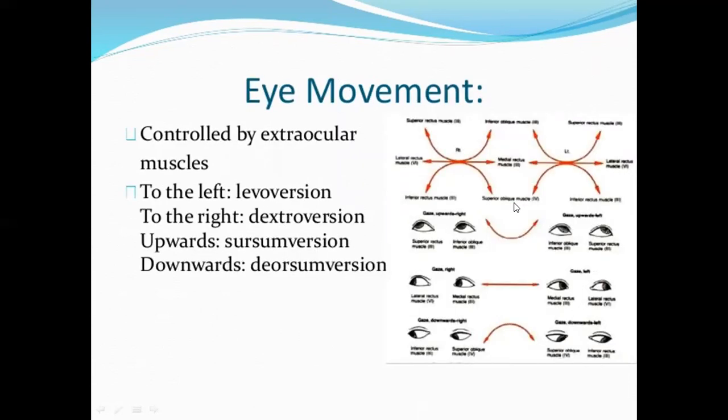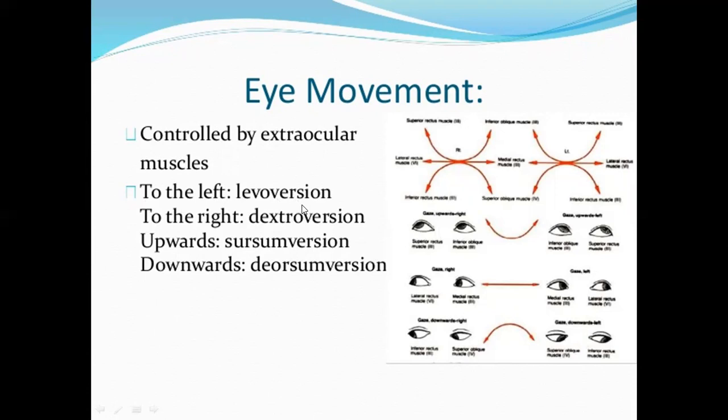Then next is the eye movement. It is controlled by extraocular muscles. So in this way you will see we make the eye movement. So this is upper, this is lateral side, this is downward. So in this way the eye movement occurs.